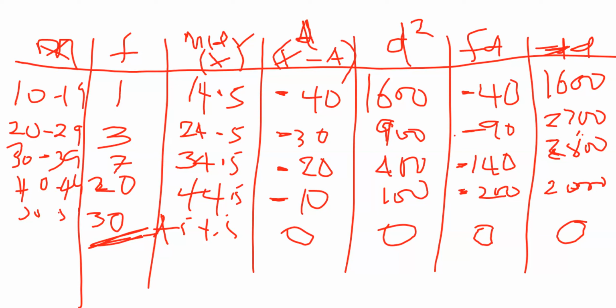Do not forget, frequency total is 100. FD column is 180. The last column, which is FD squared, is 23,000. Any questions?